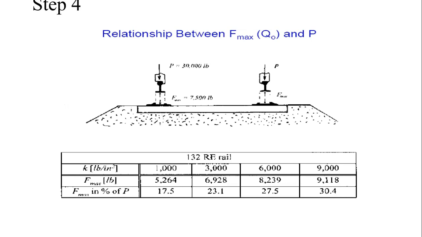The maximum value is, for instance, if we have a 6,000 U value or K value, and for a 132 rail section, it can be as high as 8239. In percentage of P, it is around 27.5 percent of the load, to be exact. This is how we verify your seating load.